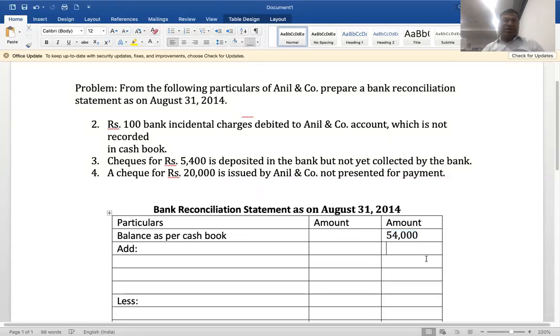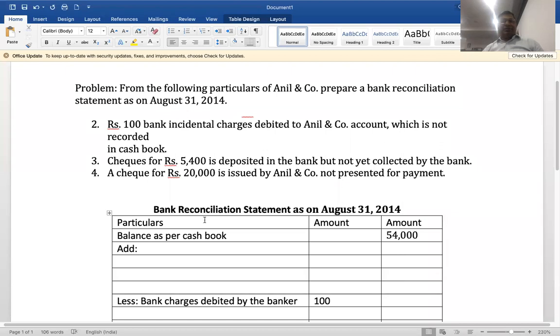So what shall we do? We should deduct it as bank charges debited by the bank. How much? 100.